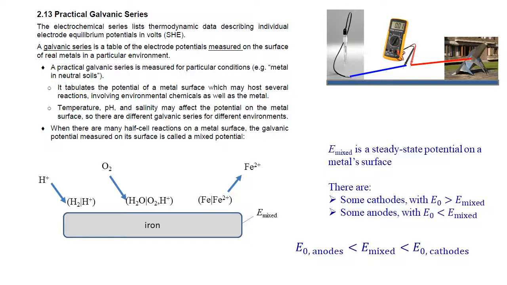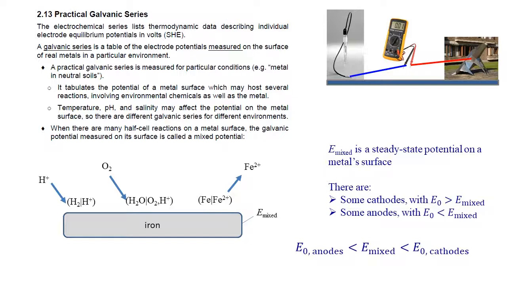We have essentially a voltmeter measuring between a reference electrode, conceptually easiest if it's a standard hydrogen reference electrode, and the potential of whatever the metal surface is as it sits in its environment. Of course there's ion contact, so both the reference electrode and the metal we're measuring have to sit in, for example, the groundwater. So we can easily measure a galvanic potential that way, and we're also going to call it a mixed surface potential.